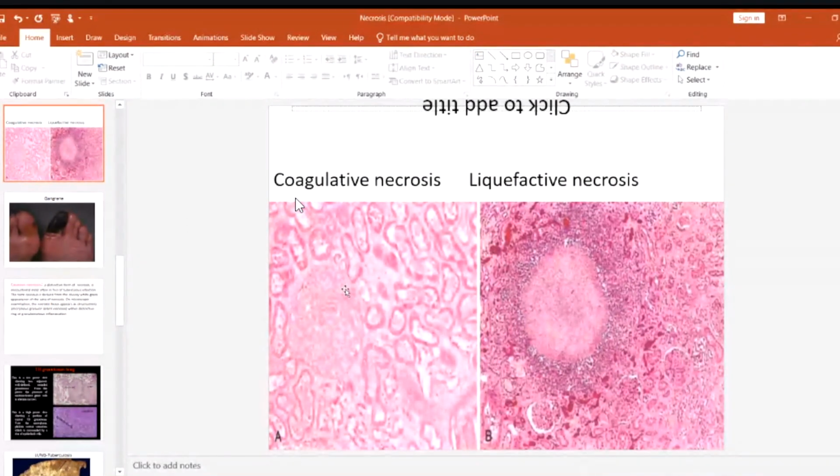Because I see the outline. This is a glomerulus and these are tubules, only an outline, a shadow. Here, how do I know this is liquefactive necrosis? There is no outline because it's crushed.